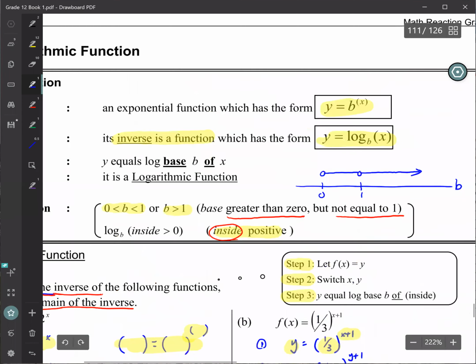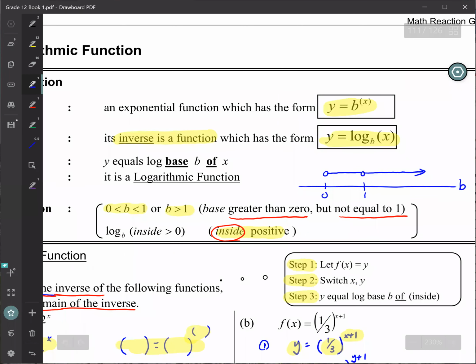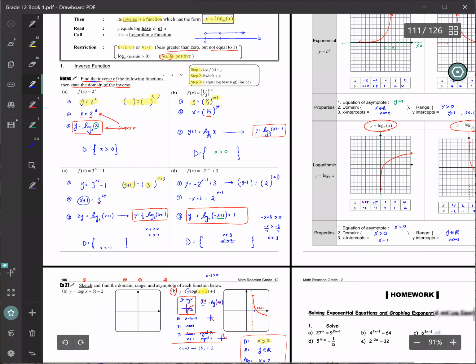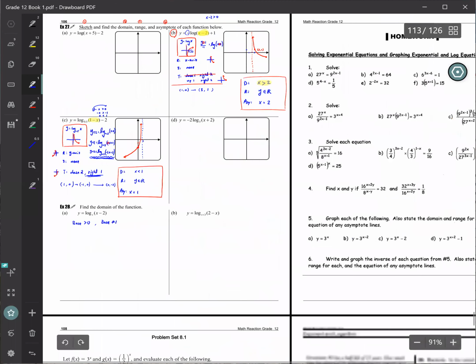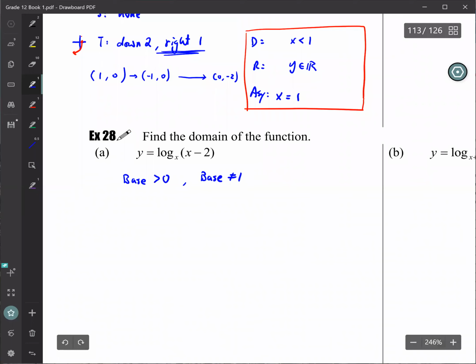You see a number line? We skip 1. So we're going to use that over here, because we have a variable in the base. That's why we need the rule for base. So based on this, we have x greater than 0, x cannot equal 1.